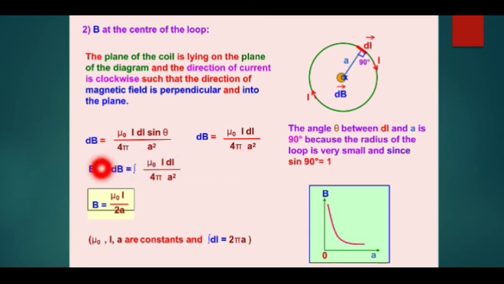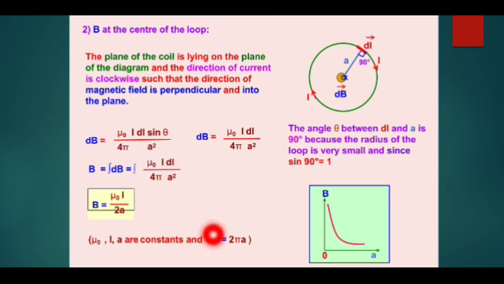So taking the integral of dB, we already know dB is equal to mu naught I dl divided by 4 pi a square. Taking mu naught I by 4 pi a square outside, what remains is the line integral of dl, the element length.